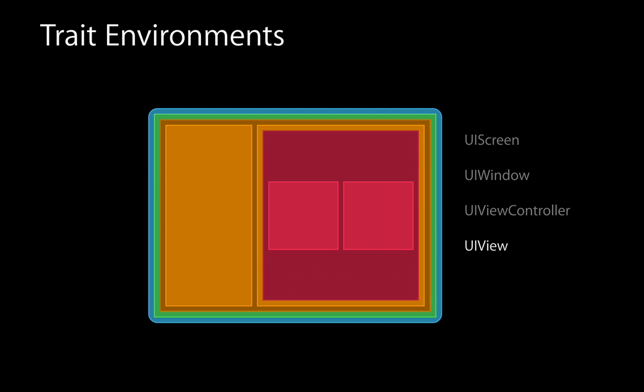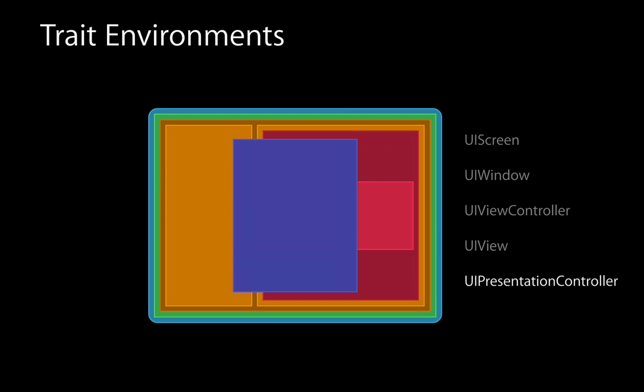One other object that's also a trait environment is a UIPresentationController. This is a new helper object that assists with view controller presentation, and it's also able to participate in adaptivity. We don't have time to talk today about presentation controllers, but you can come back tomorrow at 11:30 to the A Look Inside Presentation Controllers talk to learn more about how presentation controllers work, including how they work with traits and adaptivity.